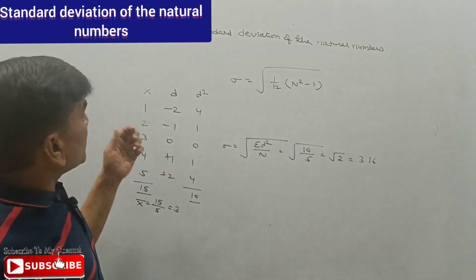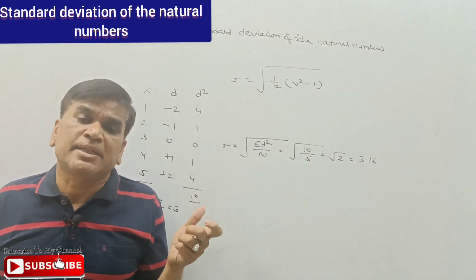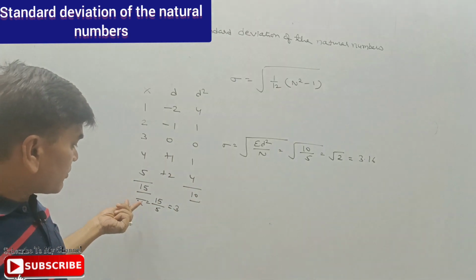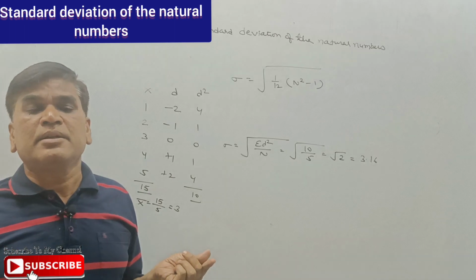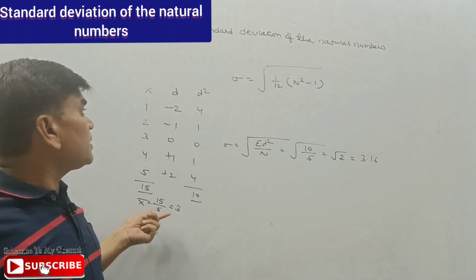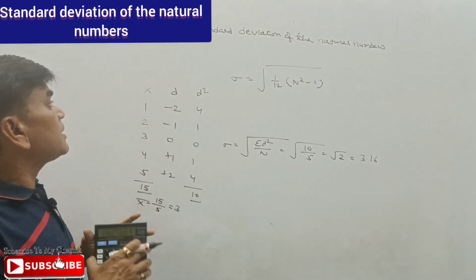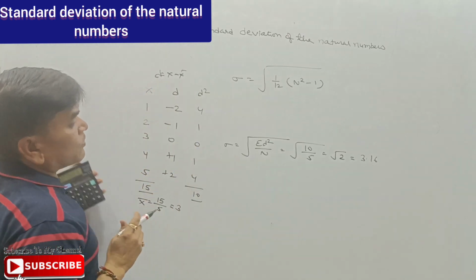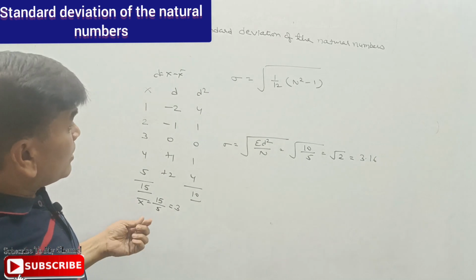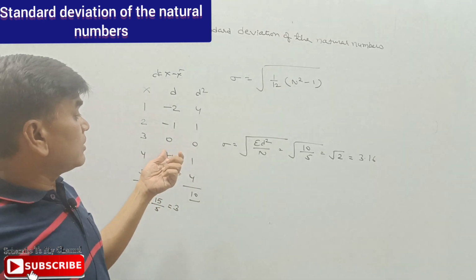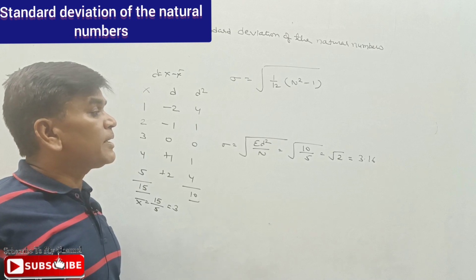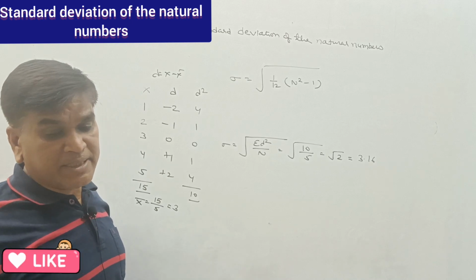This is the old method: first we calculate the arithmetic mean, then the deviation d equals x minus x bar, and d squared, then the standard deviation.